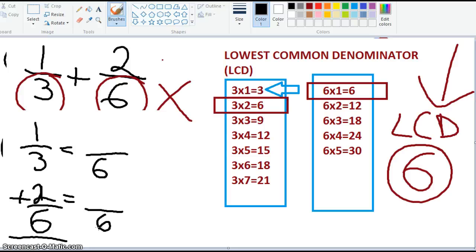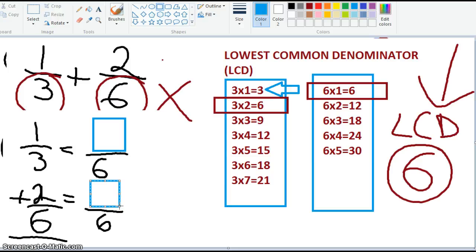Now the first thing I have to do is determine what's going to go in my numerator. Because the problem becomes, well, how do I determine that number? I know what the lowest common denominator is. That goes in my denominator, but what goes in my numerator? So here's the trick.